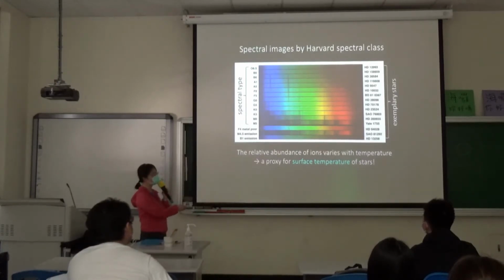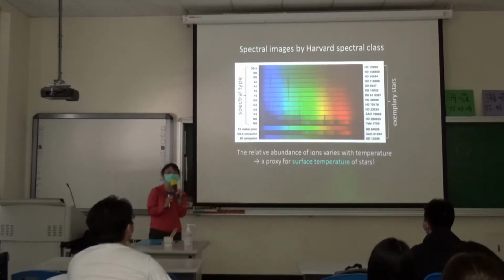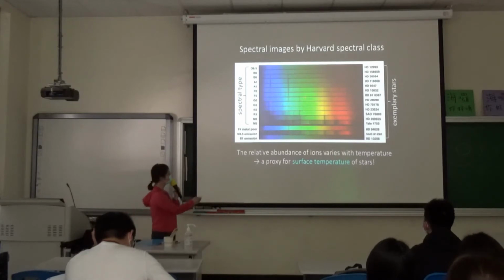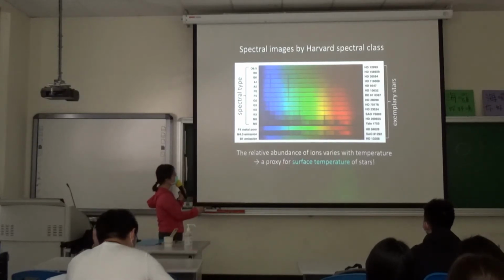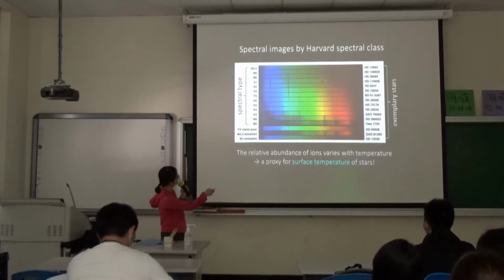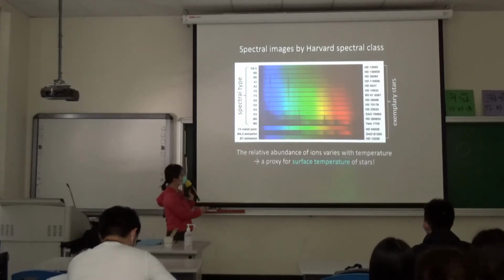Because as you learned from last week, these bands reflect the chemical composition of a star's atmosphere. And the relative abundance of ions, you see, some are darker, some are lighter, varies with temperature. So it's a proxy for surface temperature of stars.